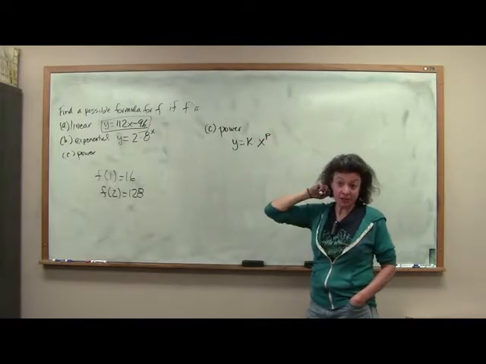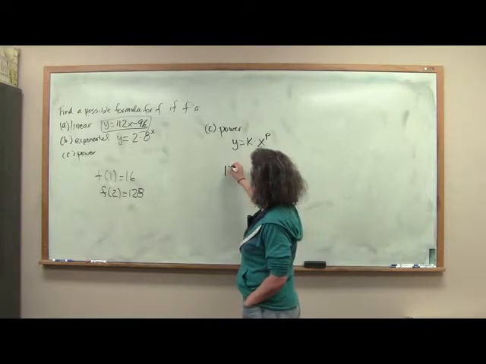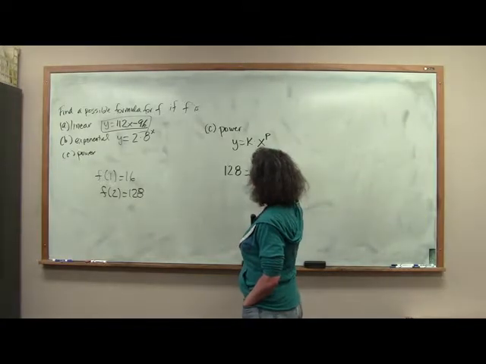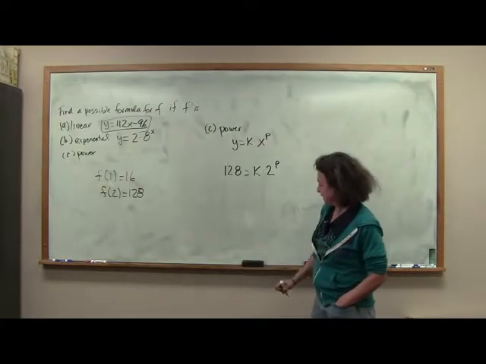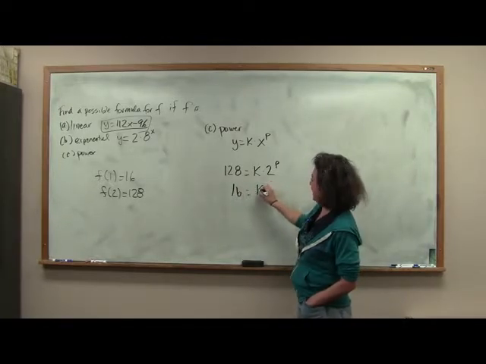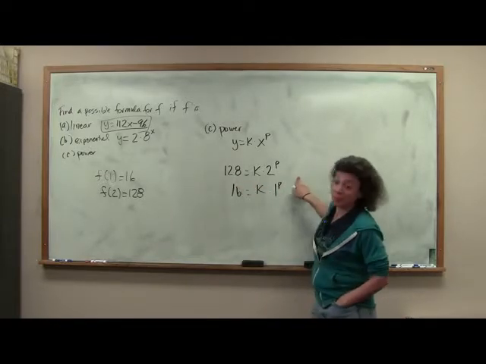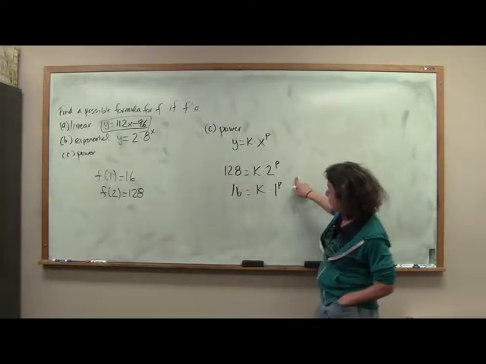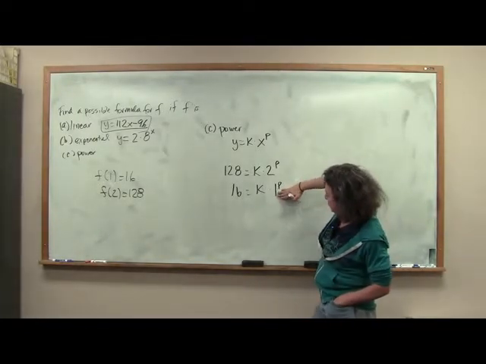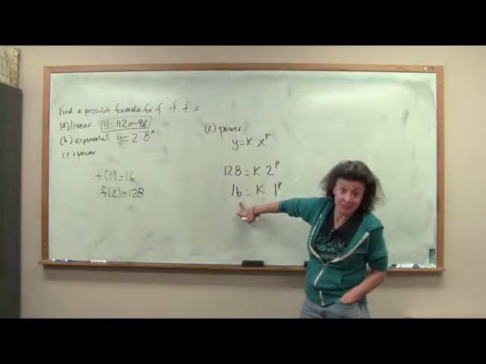You can form the ratios just like we did with our exponential function, right? You could say 128 is equal to k times 2 to the p power. And then you could say 16 is equal to k times 1 to the p power. Now, you can form the ratio and go through all of that if you would like to. Again, notice this bottom equation tells us already, hey, k is equal to 16.